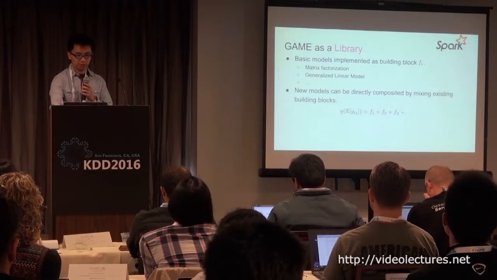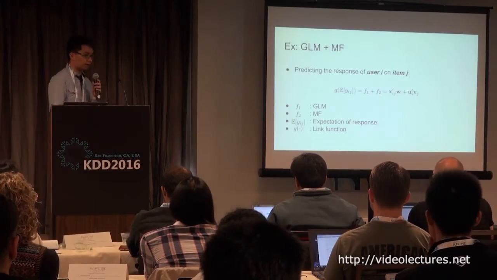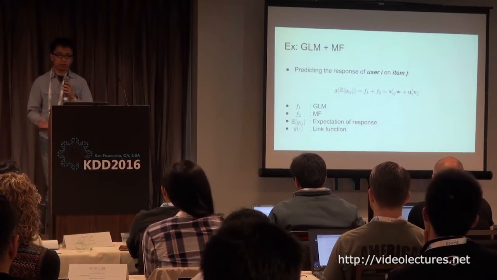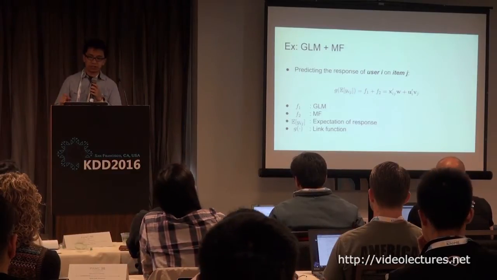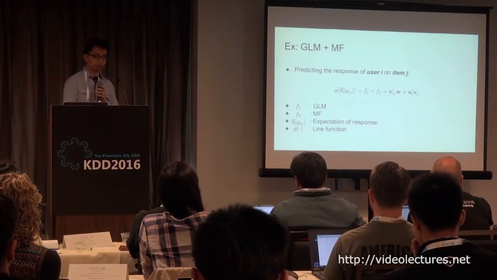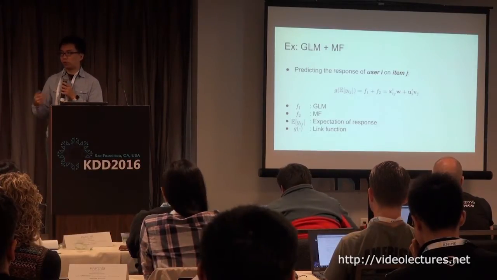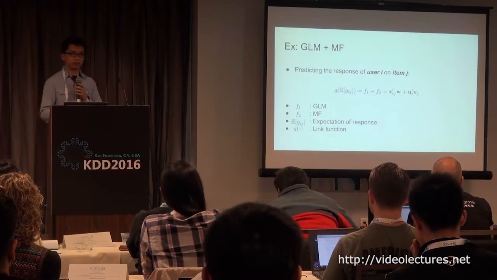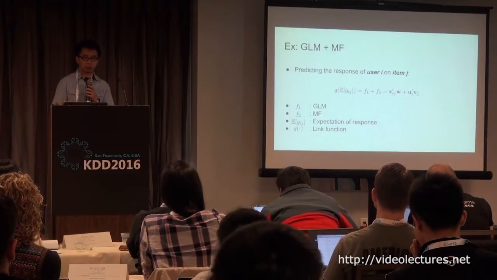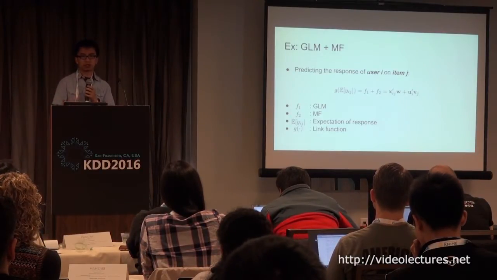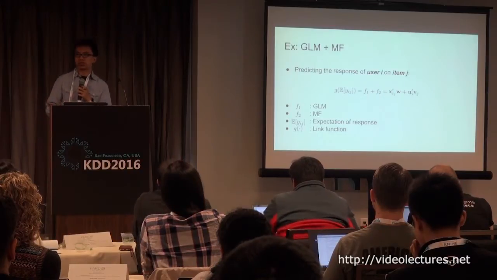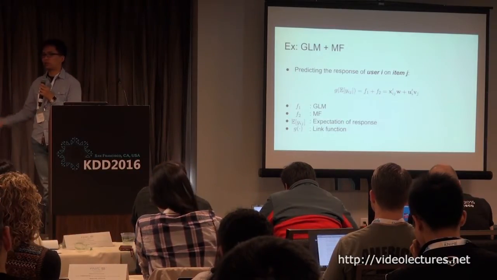Let me give an important example. In this particular example, we can build a generalized linear model with matrix factorization. As we mentioned before, matrix factorization is very effective in building personalized recommender systems. But one drawback is that it doesn't utilize features. We have a lot of good features engineered across the years, and we don't want to throw them away.